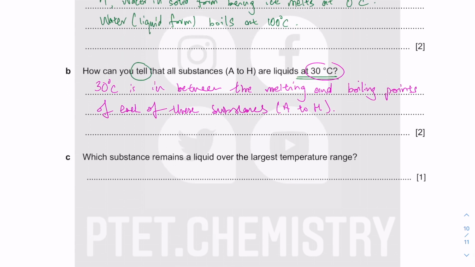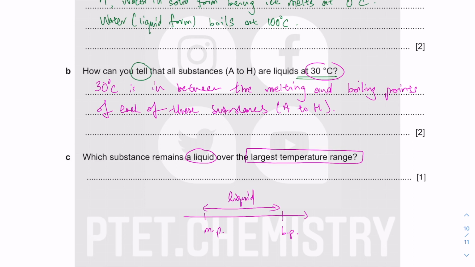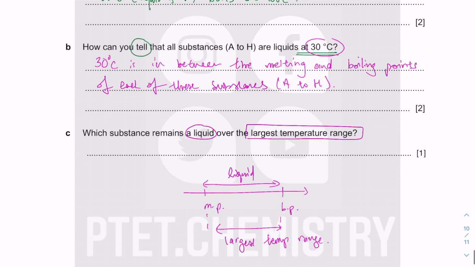Which substance remains a liquid over the largest temperature range? If we have the melting point here and the boiling point there, they're asking which one has the largest temperature range. What we need to do is find the difference between the melting point and the boiling point and see which one gives us the largest temperature range.